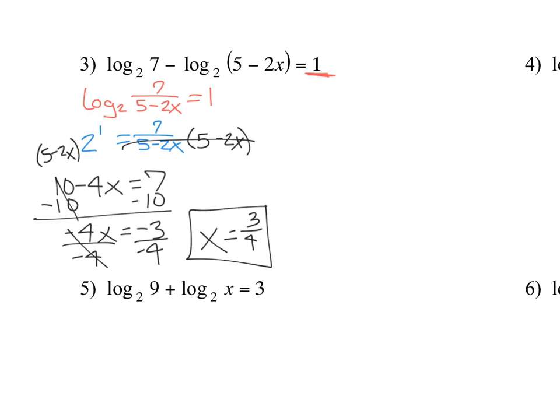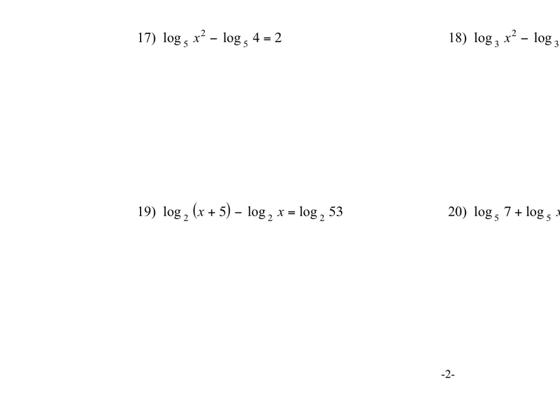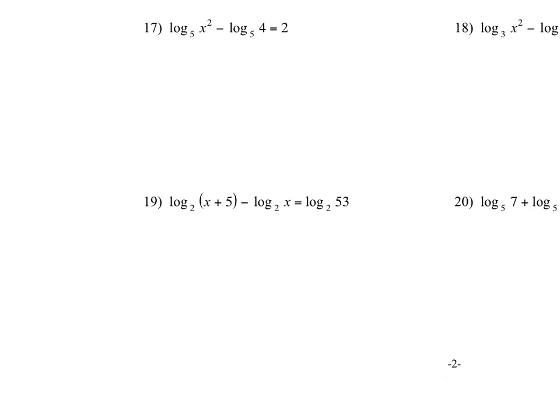Now, if you look down at problem number 19, this is going to be similar to the one that we did in the practice, when I was first showing you examples. Because we have a logarithm on the right side and we have this minus here, what we want to do is add that log base 2 of x over to the other side.